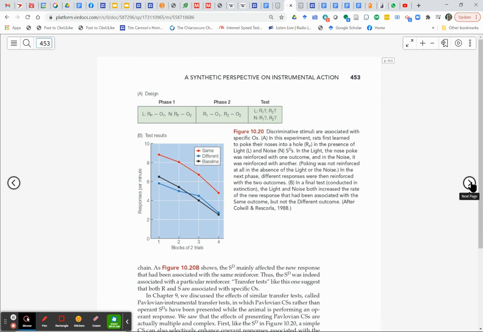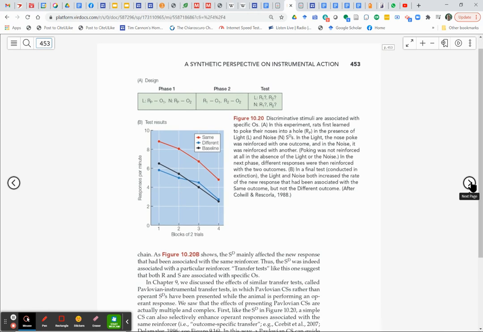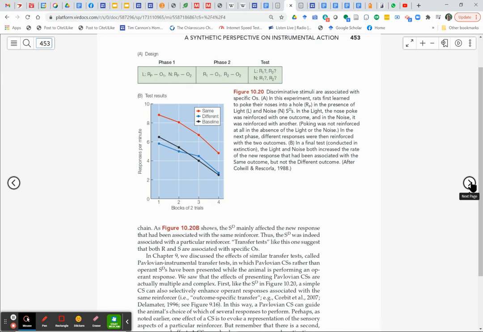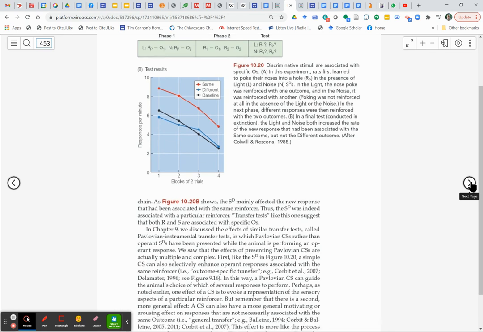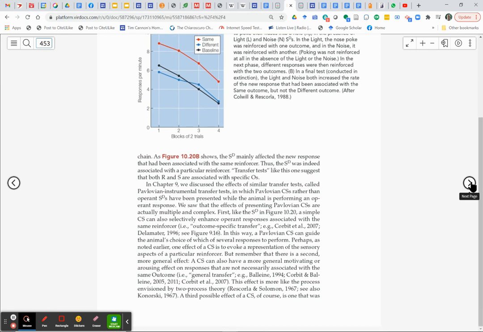So there's effects of responses in minutes over trials where you have treatment with the same stimulus or a different stimulus or baseline, and the final test is done during extinction. Light and noise both increase the rate of response that have been associated with the same outcome, but not the different outcome.